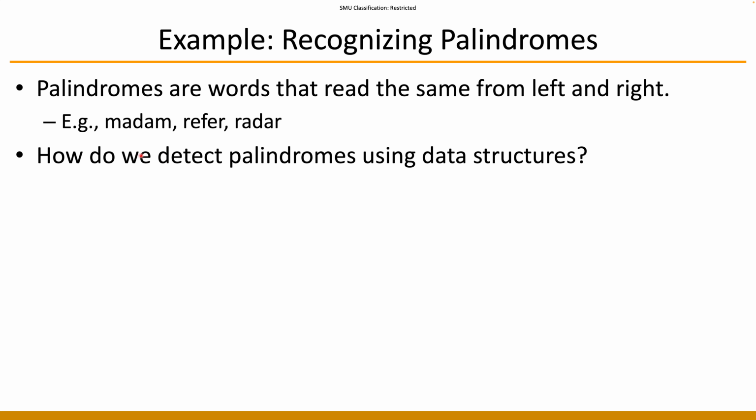A couple of example words here, madam, refer, radar, all follow this particular principle. You can spell from the left hand side, you can spell from the right hand side, and they all look the same.